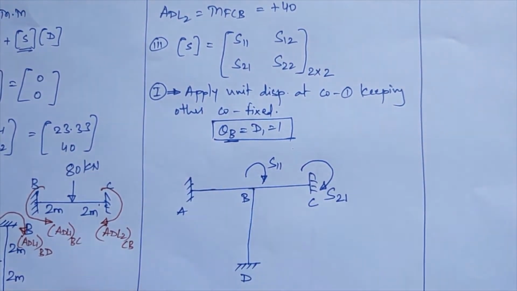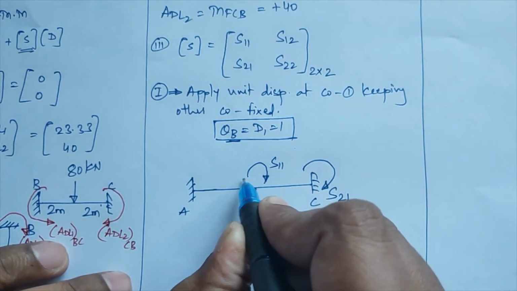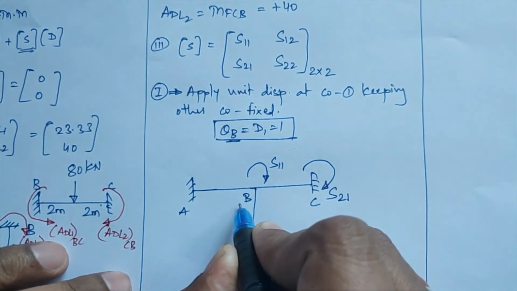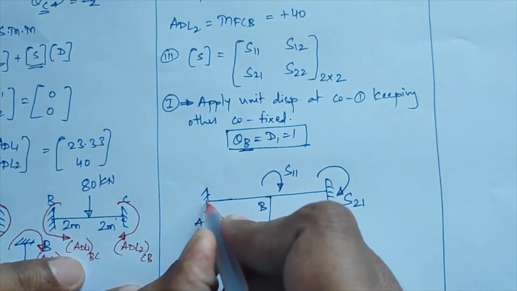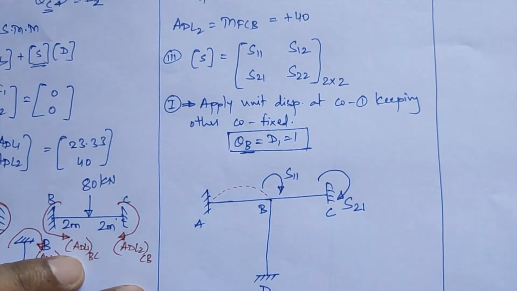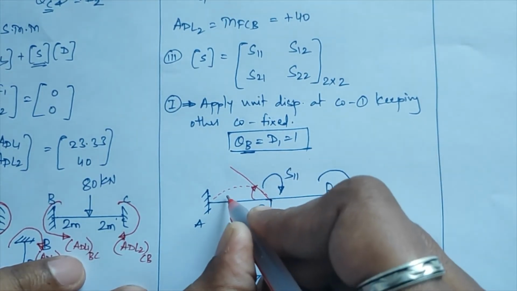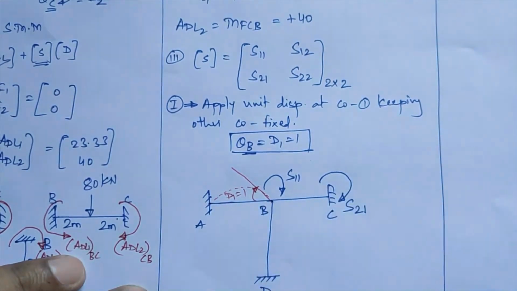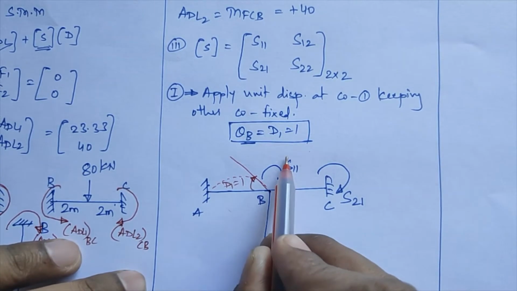Now we'll see the displacement patterns of this. If you see for this BA member, this is having clockwise S of 1 1 over there, so that will be originating from the upward side. So its displacement pattern for BA will be going on the upward side over there, showing this D1 or theta B is equal to 1. Same way for BC, again you are having a clockwise portion over here, right?